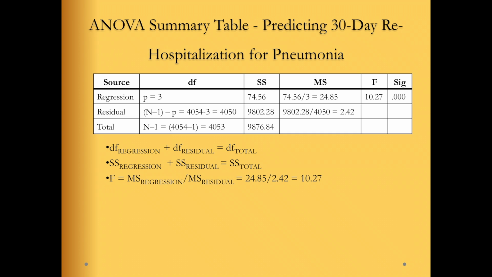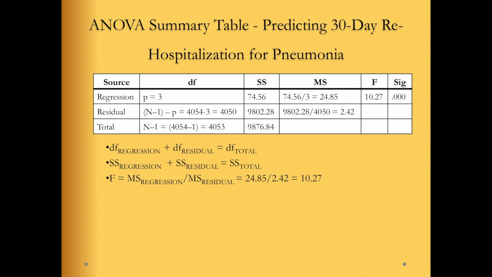You can also obtain the critical value by consulting the F table using 3 degrees of freedom in the numerator and 4050 in the denominator. Once we look at the F table, we discover there is no row for 4050, but the next lowest degree of freedom for the denominator is 1000.